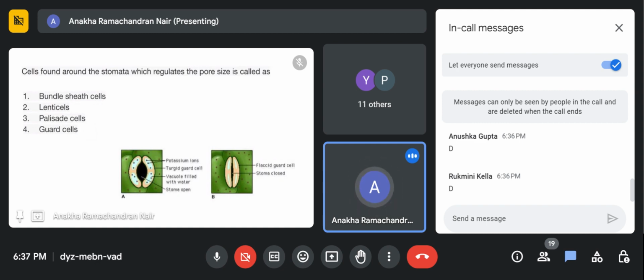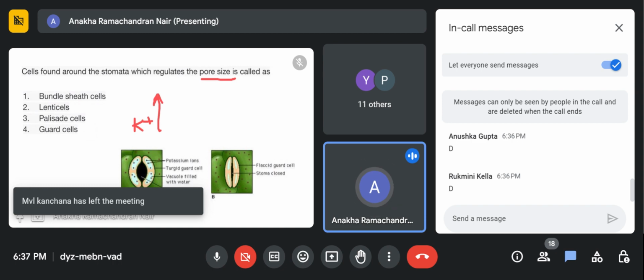Okay. So when the stomata has to be opened, what happens is the guard cells have an increase in potassium ions. When the potassium ion increases, the ion concentration inside the guard cell increases. And the water potential decreases.